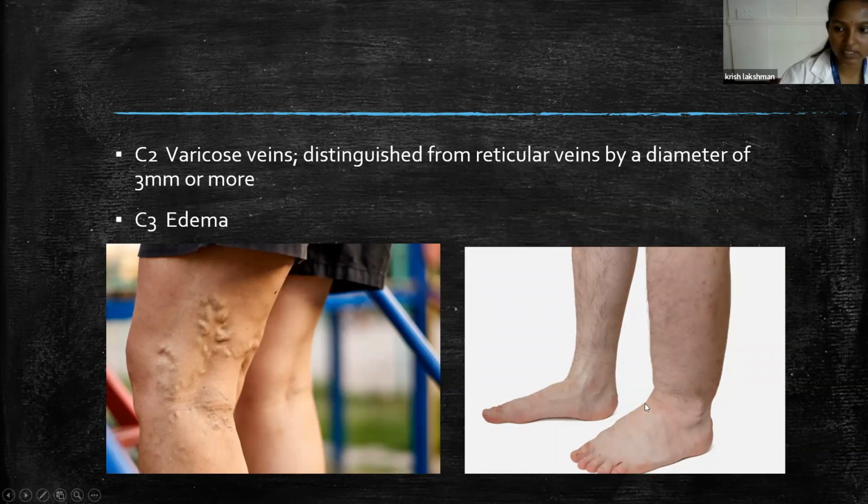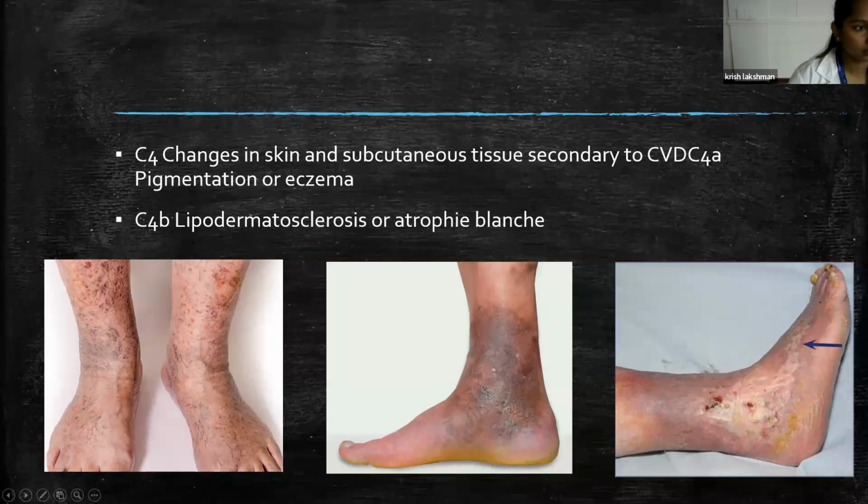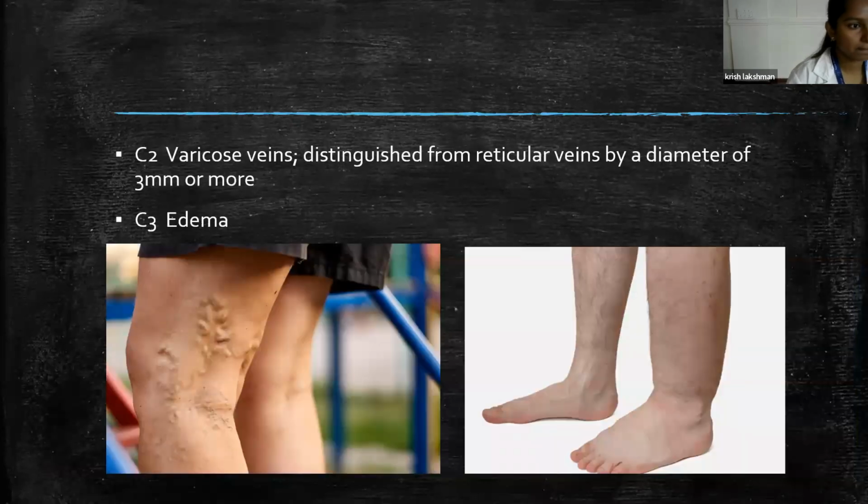And C3 is edema. In this, there is a sign of a champagne bottle. There is edema of the leg, swelling of the lower limb.